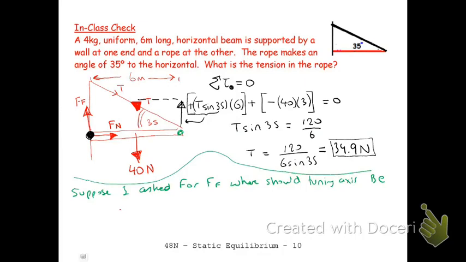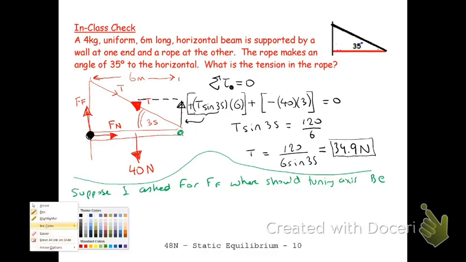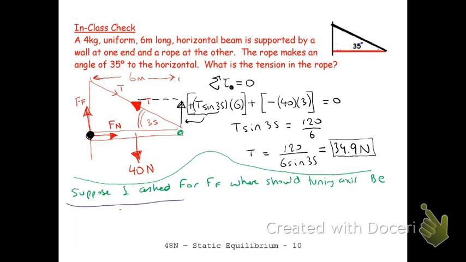And let's change colored pens. Let's go to purple. So supposing I ask for Fn, where should the turning axis be? Where would you put it if I'm asking you for Fn? So if I'm asking you for Fn, I don't want Ff, and I don't want T, and they cross there.